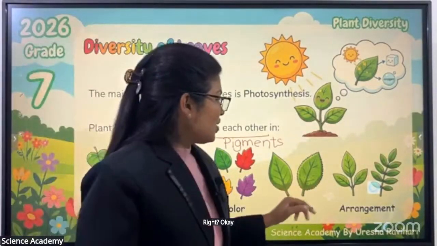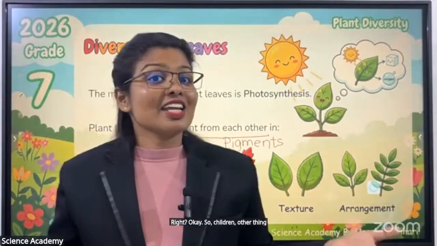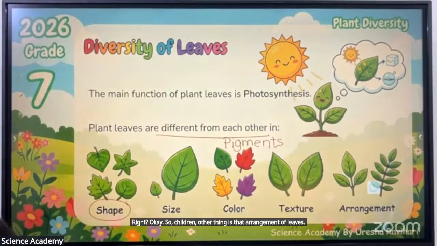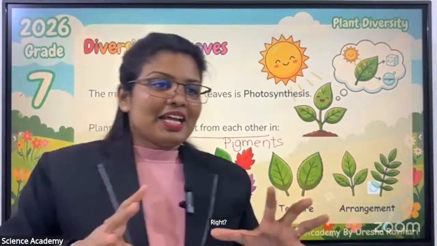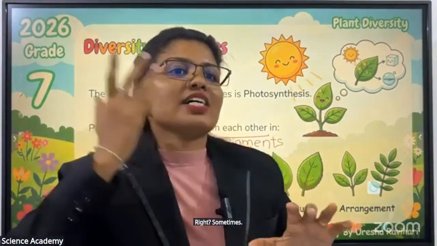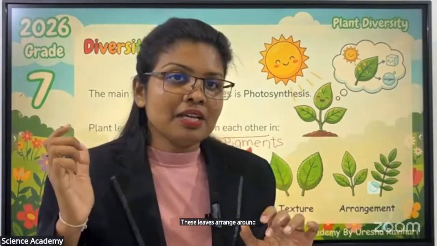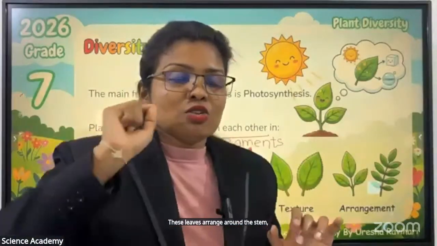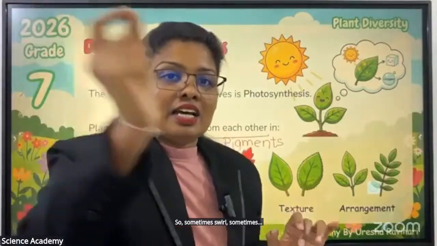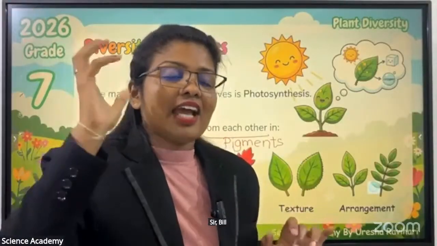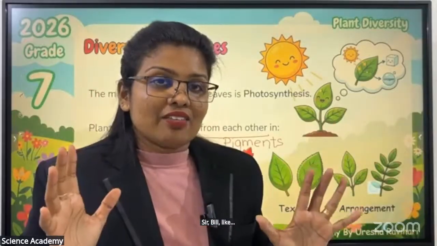Okay. So children, another thing is the arrangement of leaves. Sometimes these leaves are arranged around the stem in different manners. Sometimes whirl, sometimes in a circle-like way.